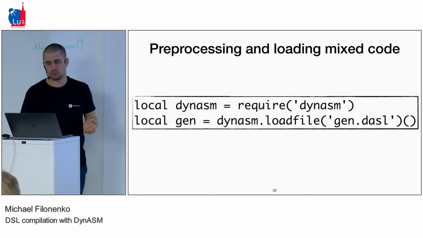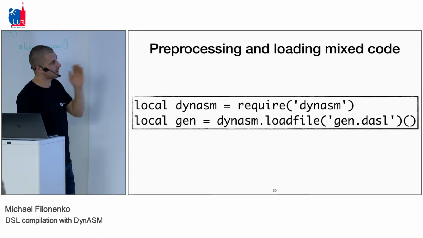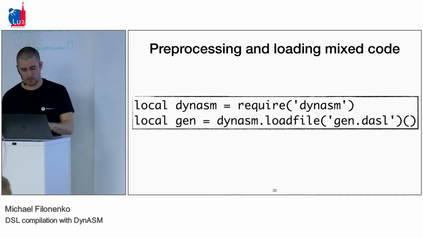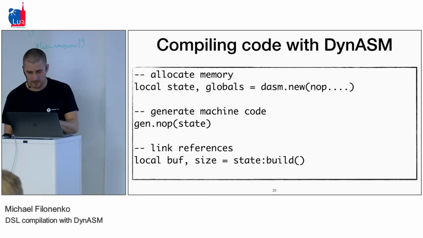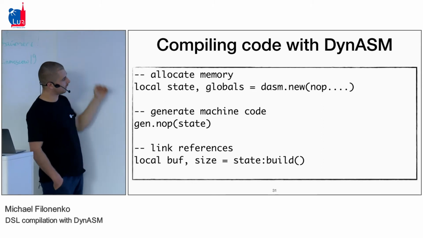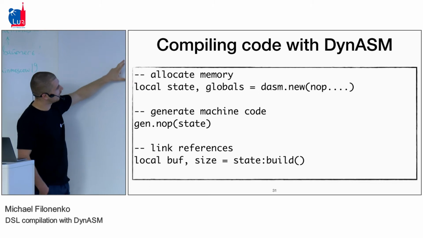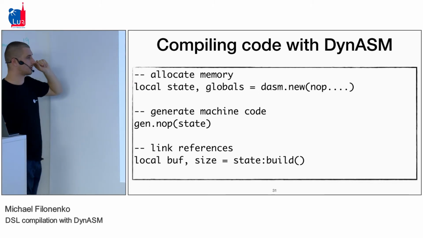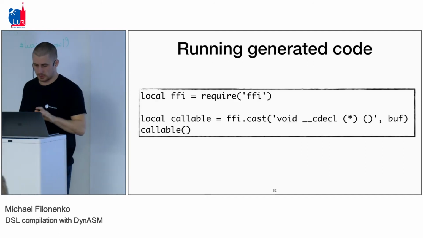Preprocessing and loading mixed code is done by DynASM Lua, by the translator, which I showed on previous slides. And compiling code contains three steps: allocating the compiler context, calling the generators in the order you want, and linking the result to a buffer.